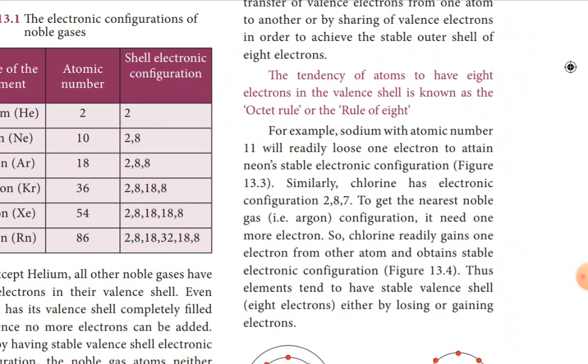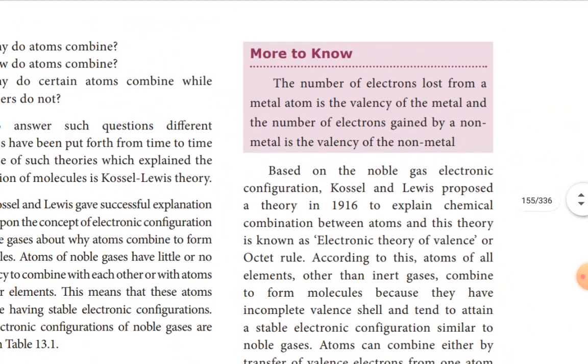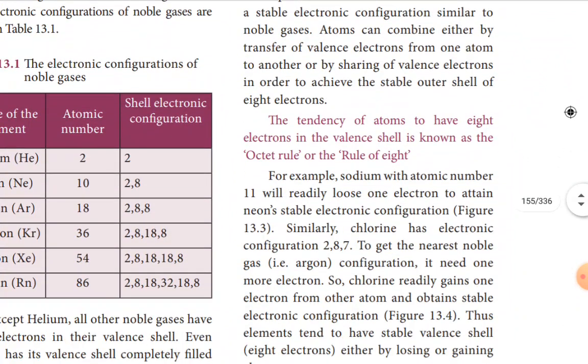To attain 8 electrons, as I explained earlier, metals normally lose electrons. Metals are electropositive in nature. Non-metals normally gain electrons. Non-metals are electronegative. So sodium, a metal, readily loses one electron from the outermost shell to get the stable electronic configuration.